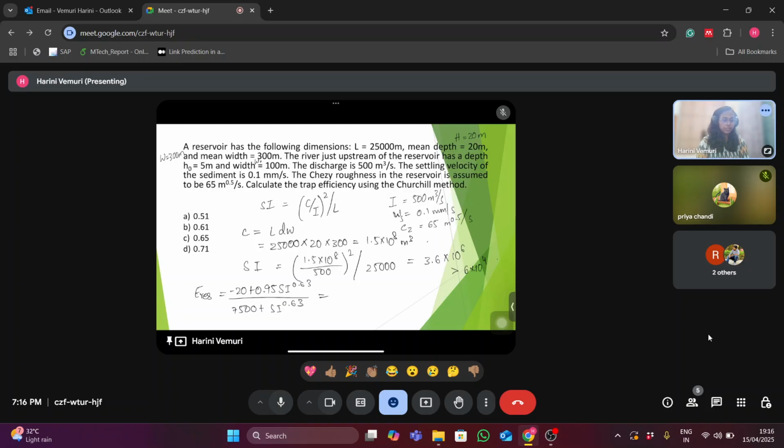So this equation we will use for this particular condition. Minus 20 plus 0.95 into 3.6 into 10 power 6 whole power 0.63 by 7500 plus 3.6 into 10 power 6 whole power 0.63. The value will be 0.61 once you calculate this. So the option is option B.